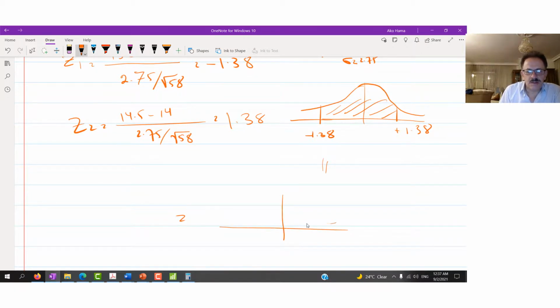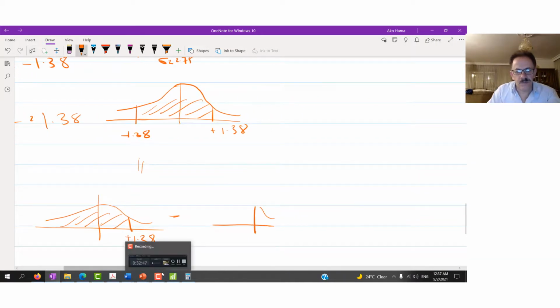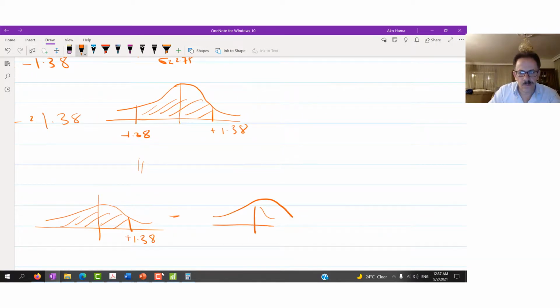It will be equal to the area from 1.38, all the area to the left, minus the area to the left of minus 1.38.